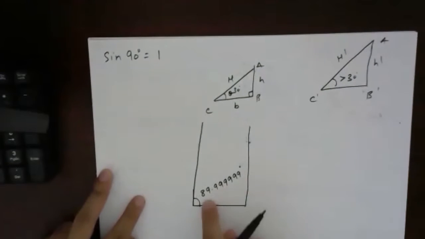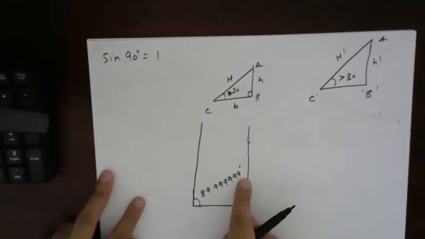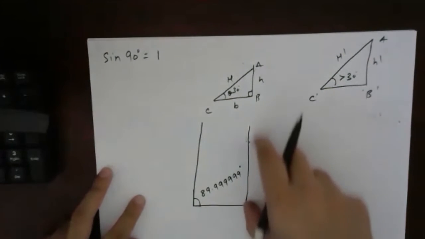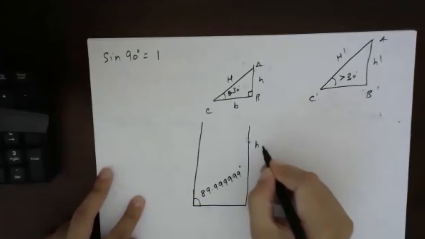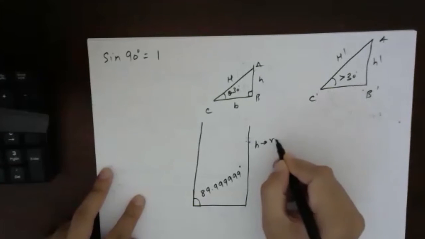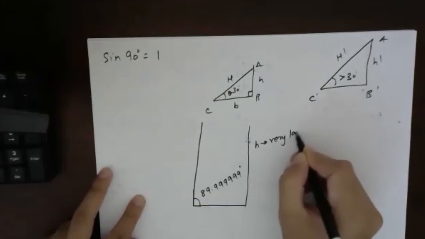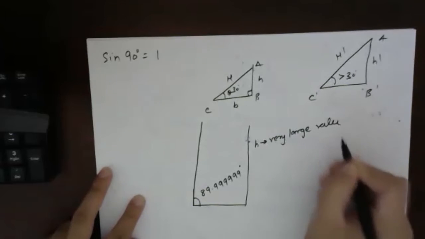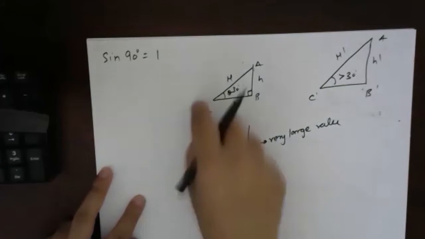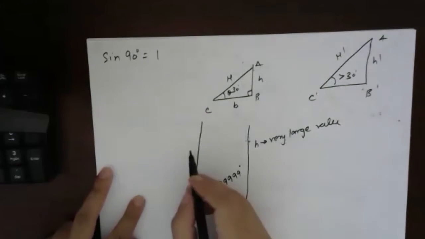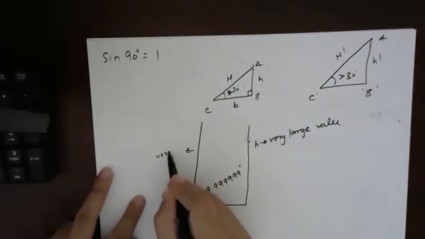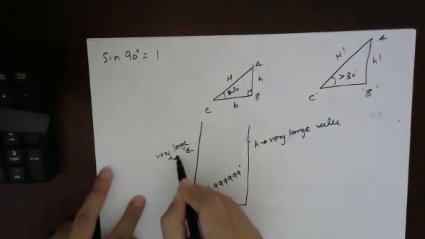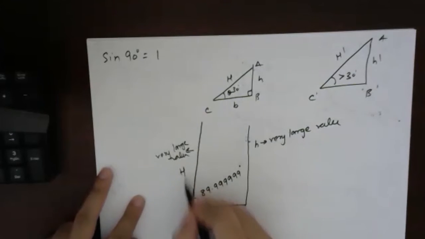This triangle is almost 89.999999 degree, right? This height is also approaching a very large value, and this is also approaching a very large value. This is H, this is capital H, right?